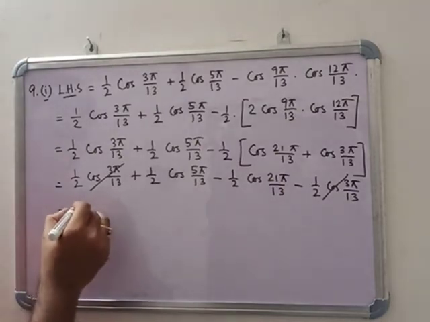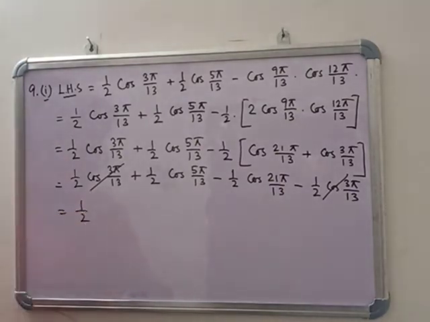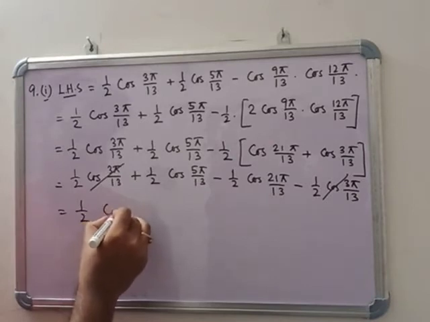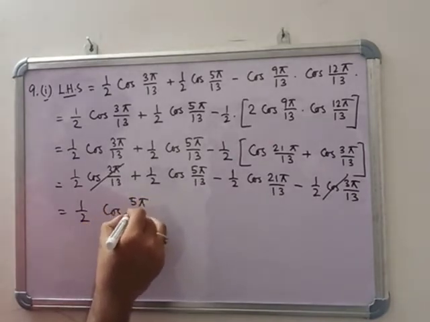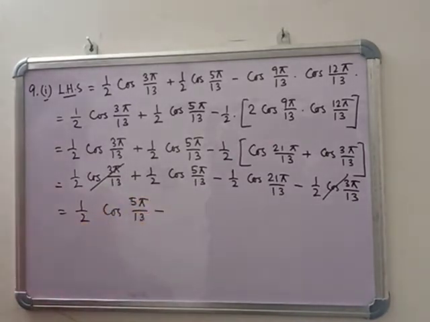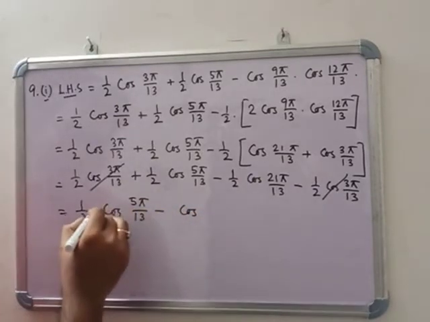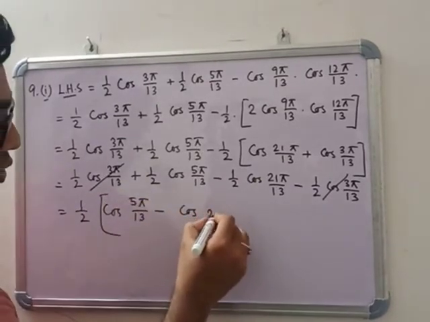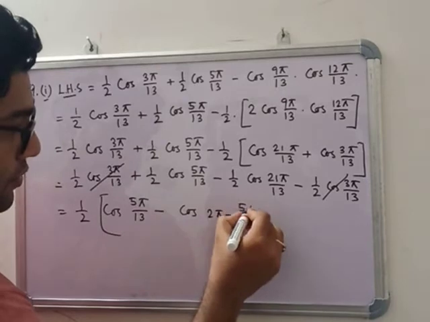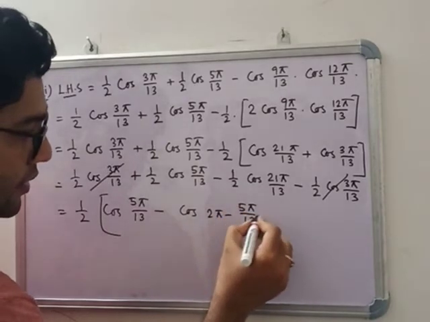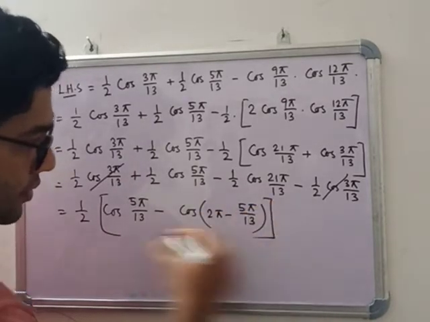So we get this part. So that means 1 by 2 common. Then you can write cos of 5 pi by 13 minus cos 21 pi by 13, and 21 pi by 13 is there, so you can write cos of 2 pi minus 5 pi by 13.